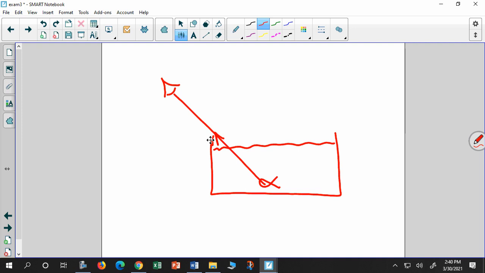And then you would see the fish actually where it is. But that's not what happens. Actually, you get a light ray that will come out, and then it bends away from the normal because I'm going from a high to a low index. So it speeds up and it goes towards your eye like that.